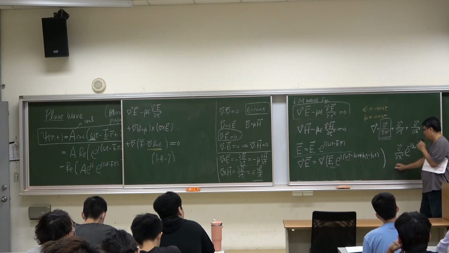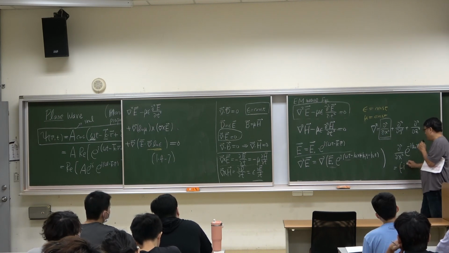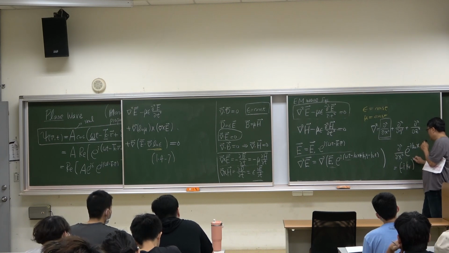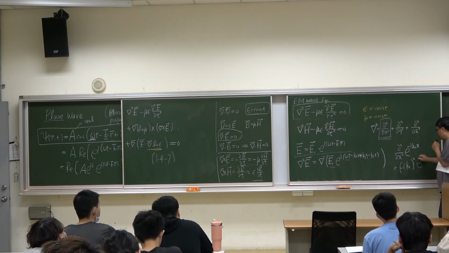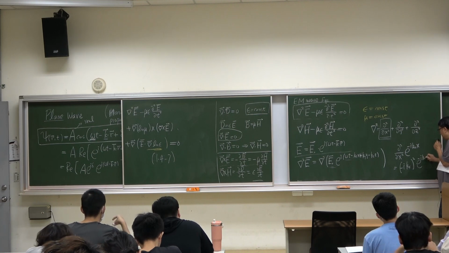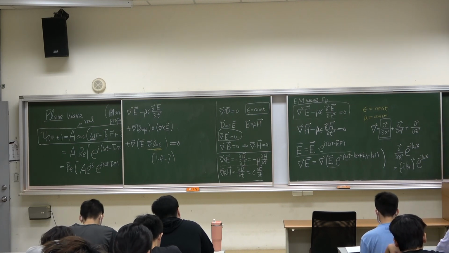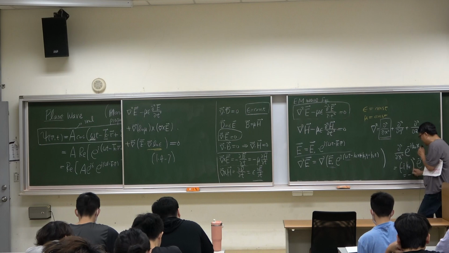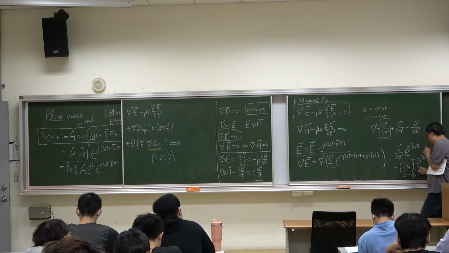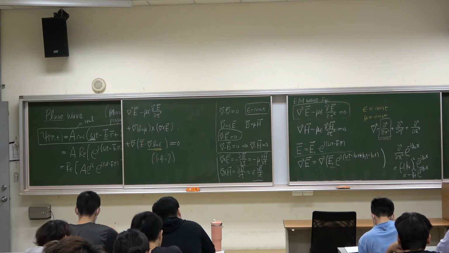This gives us the square of minus i kx times exponential i kx x, which is equal to minus kx squared times exponential i kx x.